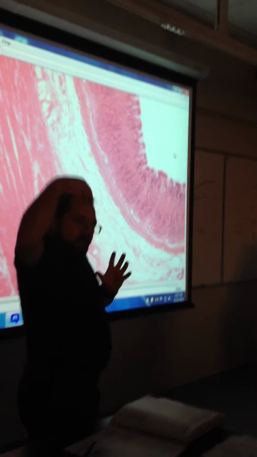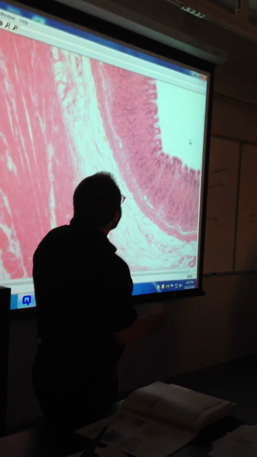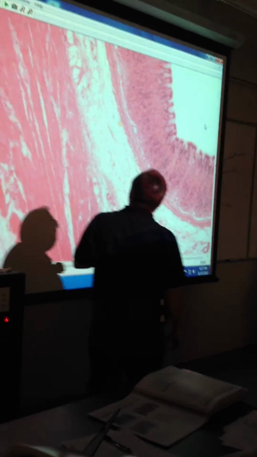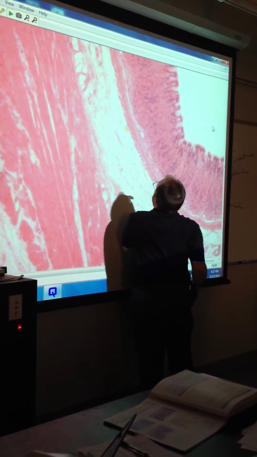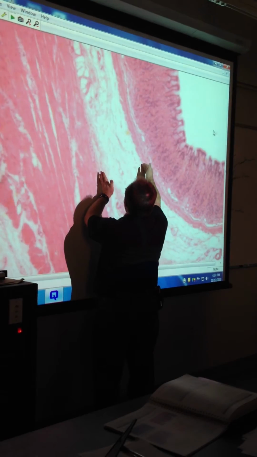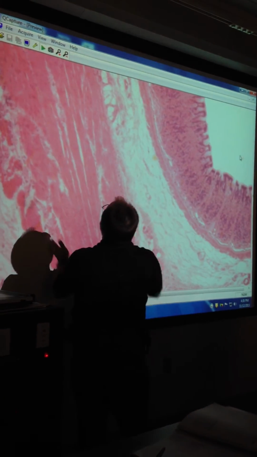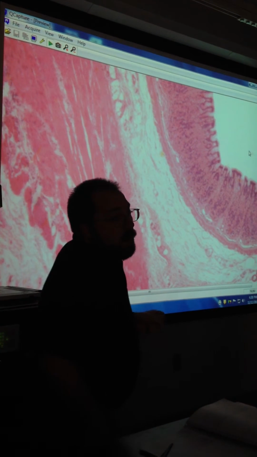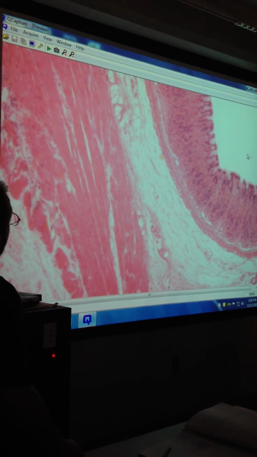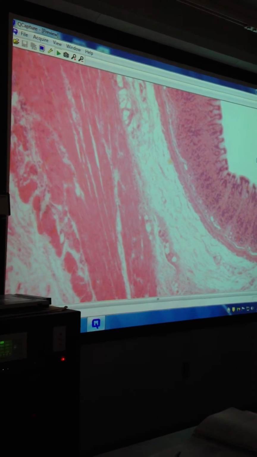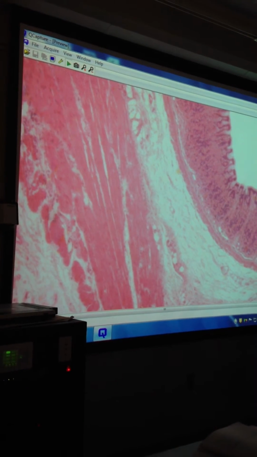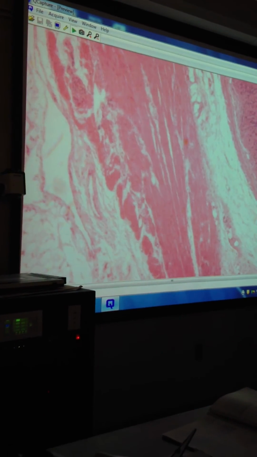That lamina propria has been invaded by the epithelial cells, invaginating inward. So this is mucosa. Then this must be submucosa, and here we have muscularis externa. Let's see if we can tell the difference between the different layers of muscularis externa.